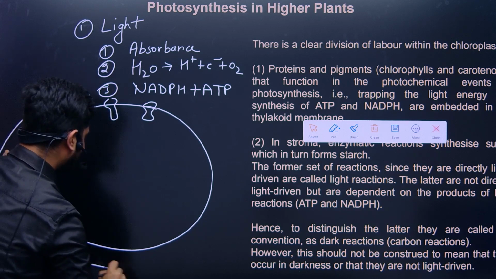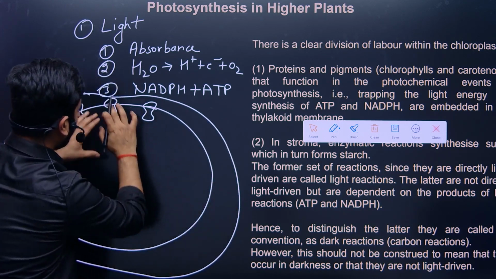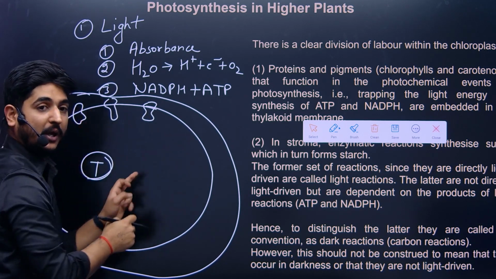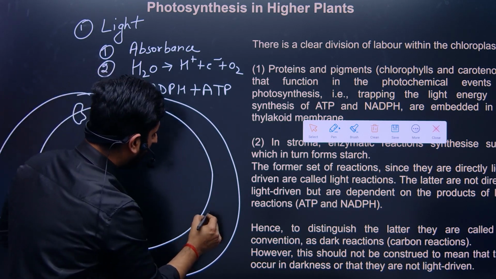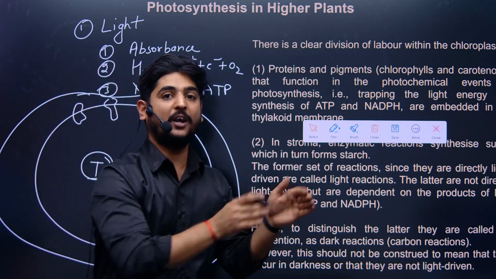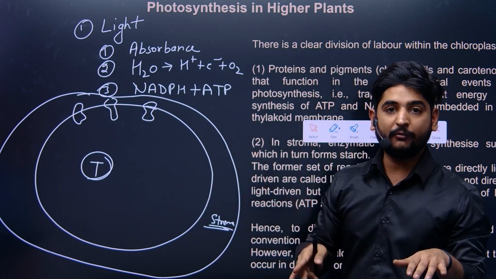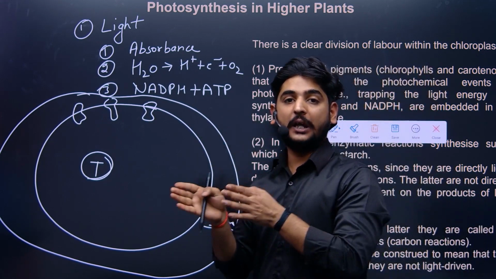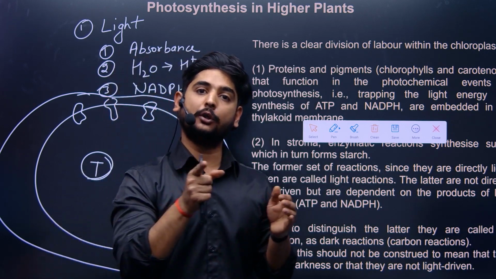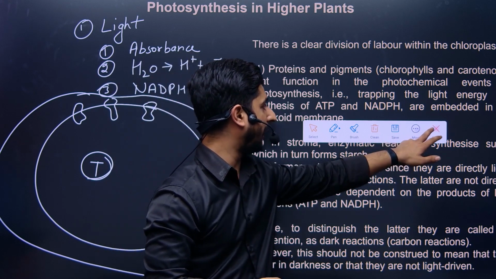If I draw another external membrane layer, this is the chloroplast. Inside the thylakoid membrane, enzymes for light reaction are there, and inside the stroma, the enzymes for dark reaction are there. What is dark reaction? Once ATP and NADPH have been formed, we will use those ATP and NADPH to fix carbon dioxide and produce glucose. That is where the C3 cycle and our dark phase come into play.